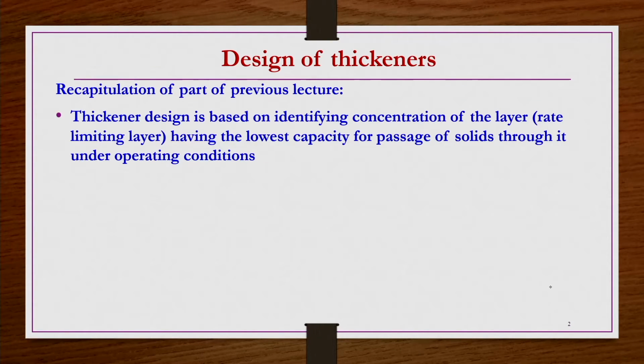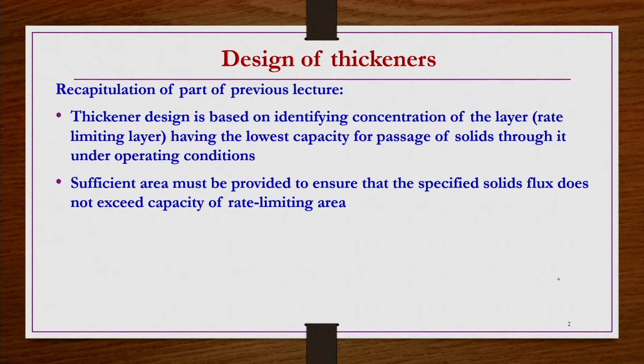That layer is initially assumed to be at the bottom of the thickener, and then it gradually moves up with a velocity VL bar. Then we found the concentration of solids in that moving layer, and the settling velocity of the particles that are passing through this limiting layer.